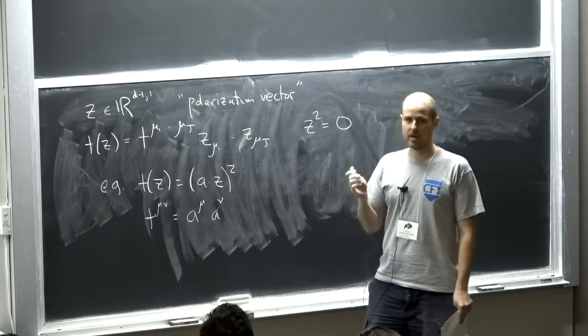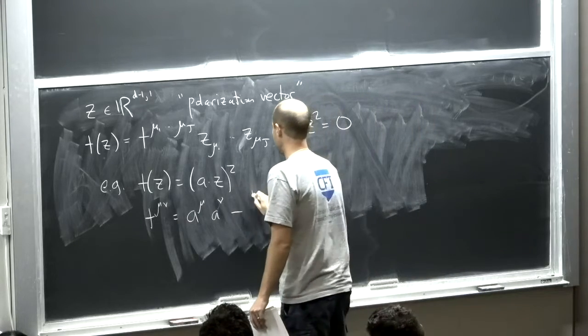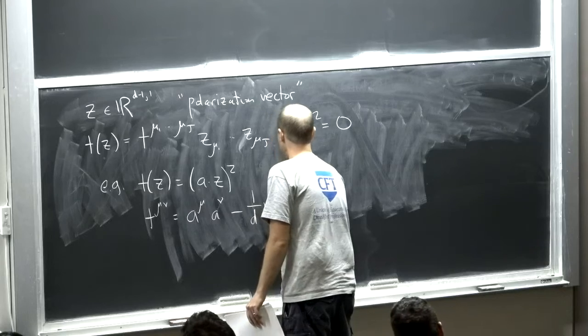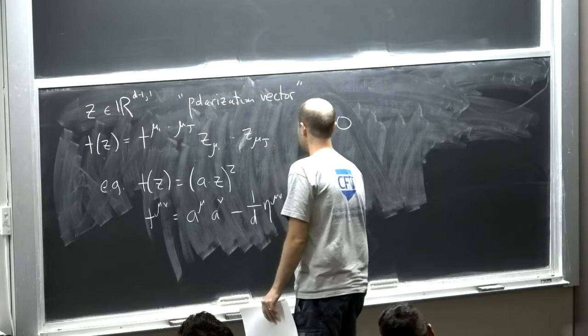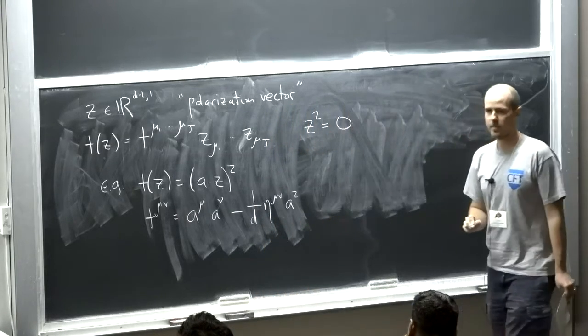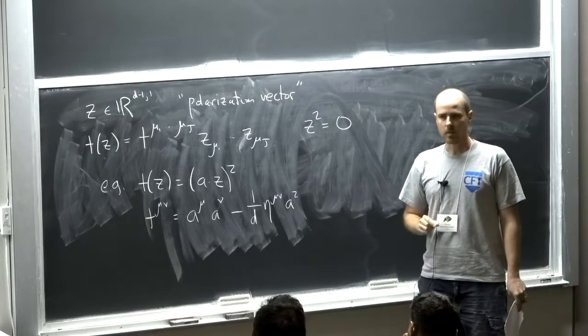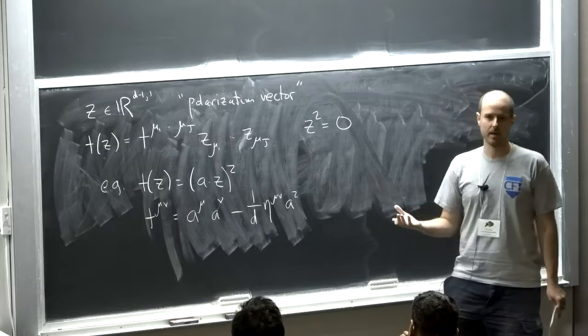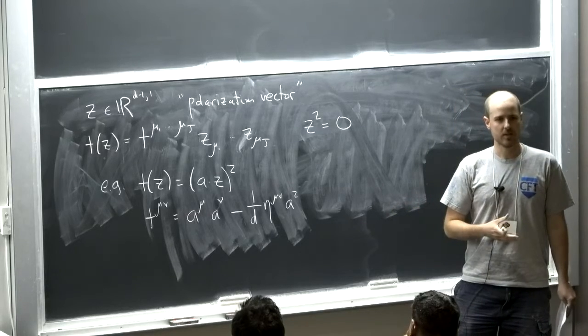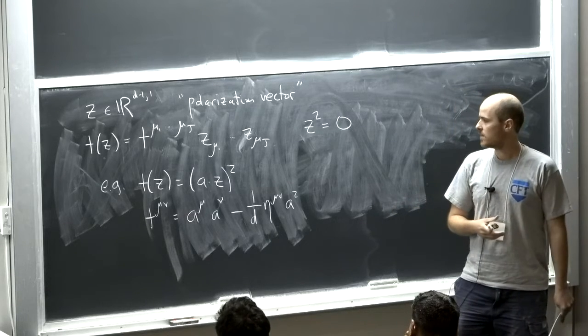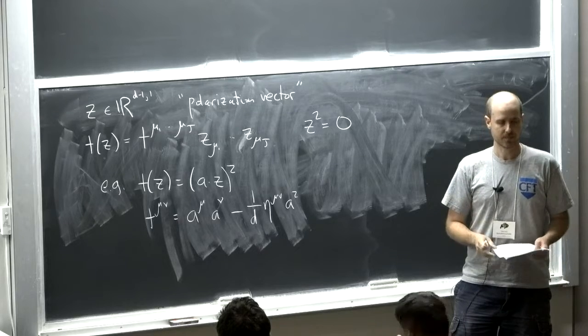But there's only one thing we can write that gives a traceless tensor, which is minus 1 over d, eta mu nu, a squared. So this is the idea. There's a one-to-one mapping between these polynomials in a null vector and traceless symmetric tensors.